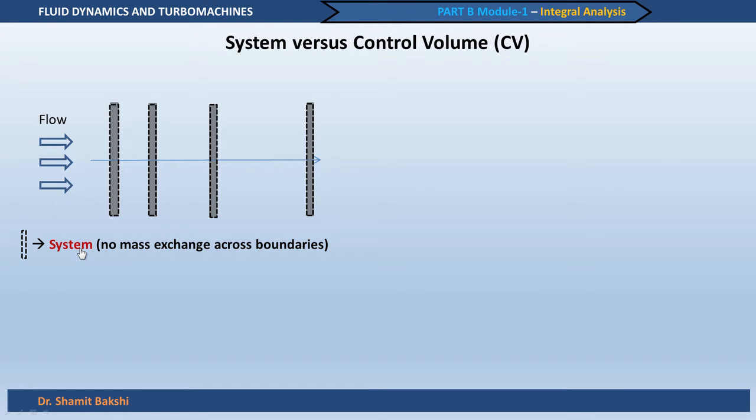Why is it called a system boundary? Because the system boundary is such that it does not allow any mass exchange across the boundary. This is true for any system: there could be energy exchange across the boundary, but there is no mass exchange.